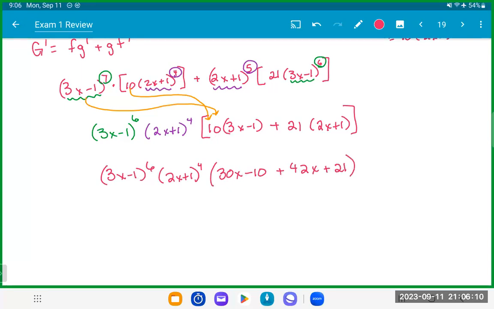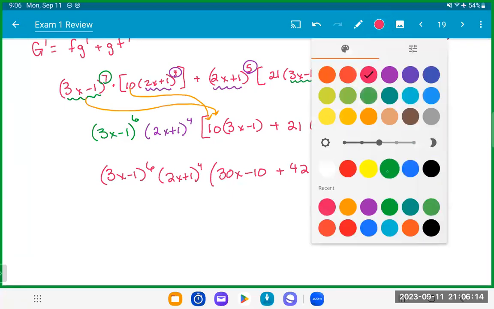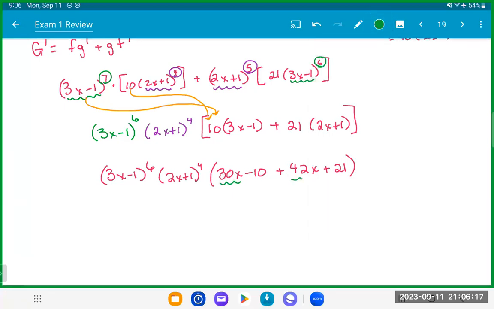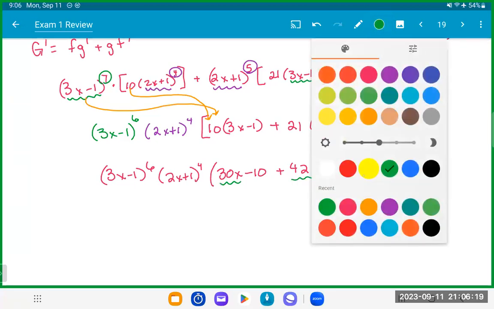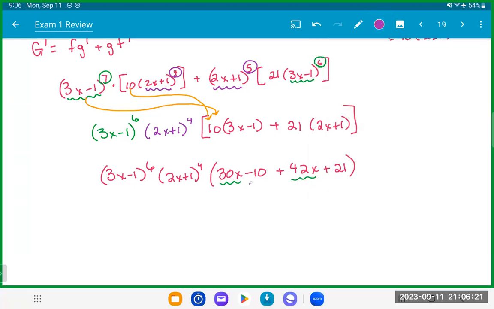And the last thing we need to do is simplify what's inside of these brackets. We have 30x and 42x, and a negative 10 and a positive 21. So when we do that, we have (3x − 1)^6 (2x + 1)^4, and this simplifies to 72x + 11.